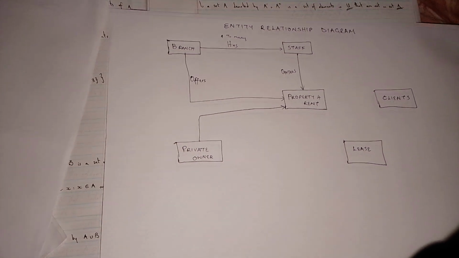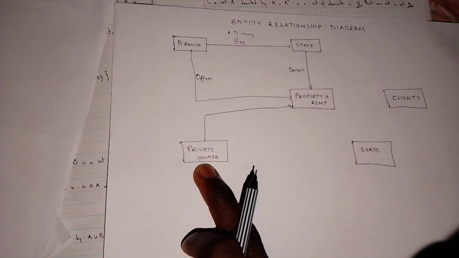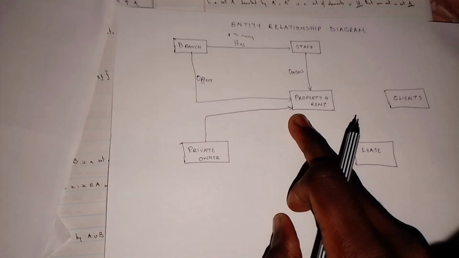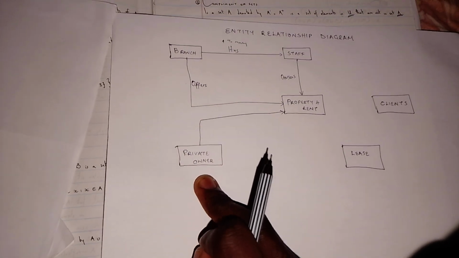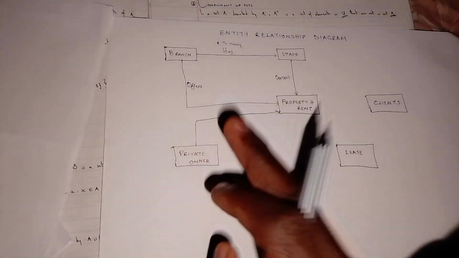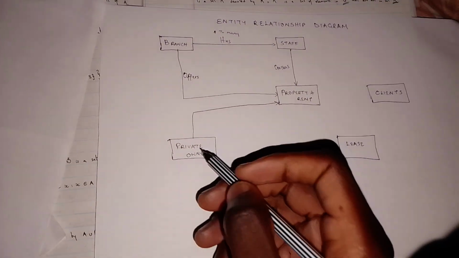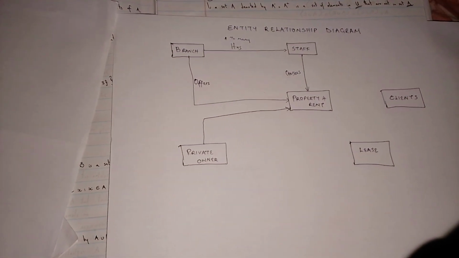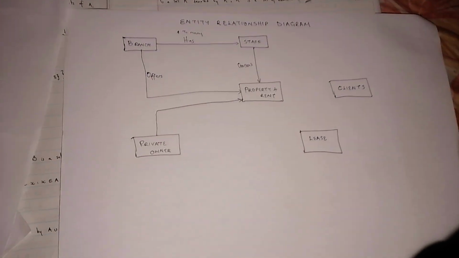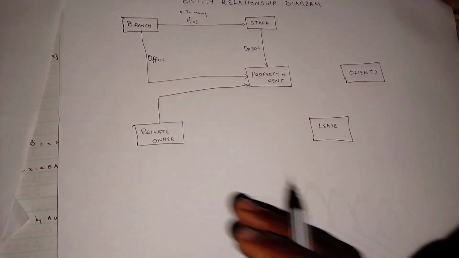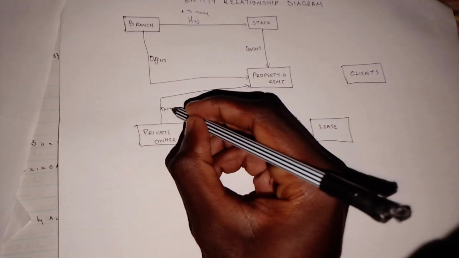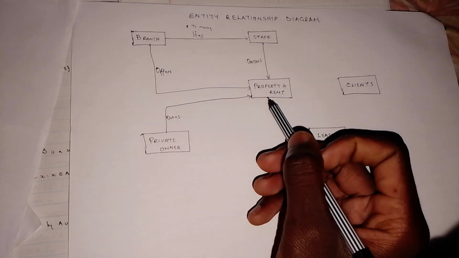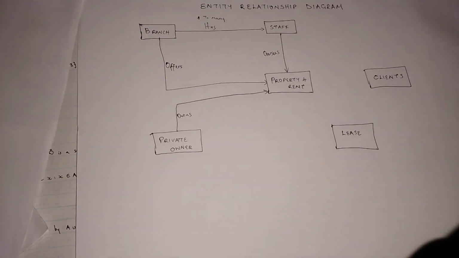Are we clear there? A property can be owned by one private owner, or no private owner. Say maybe that property is owned by a company or another public entity. So a private owner owns one or many properties, but the property can only be owned by one private owner.